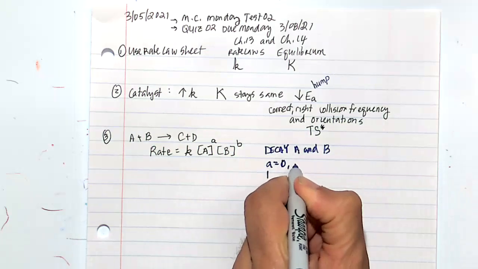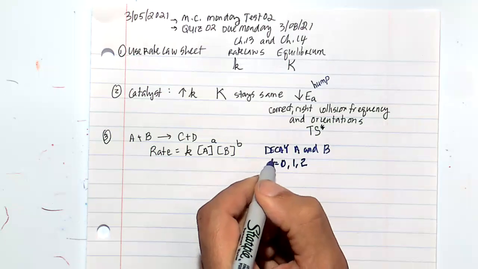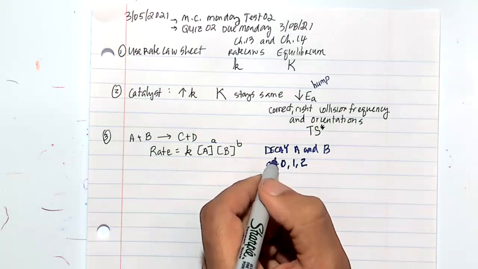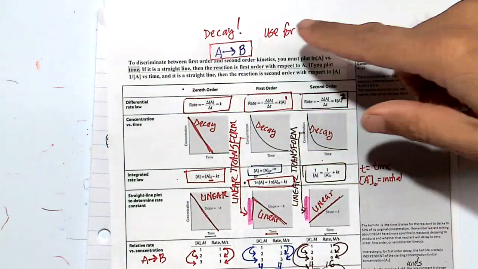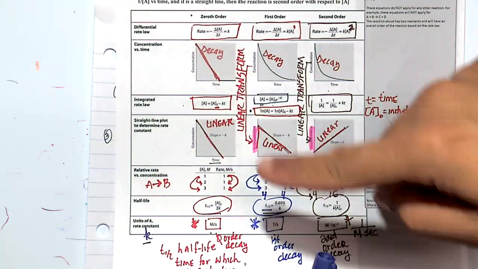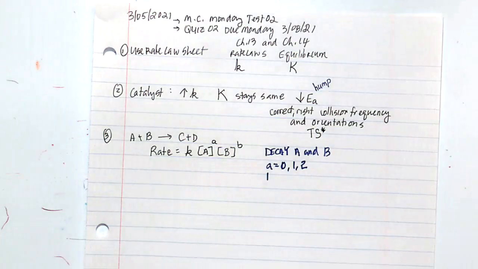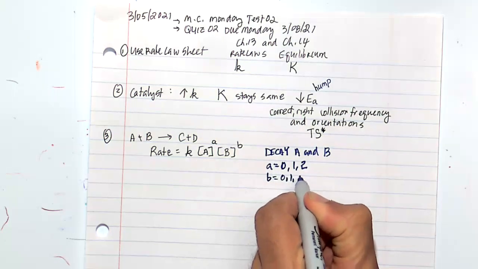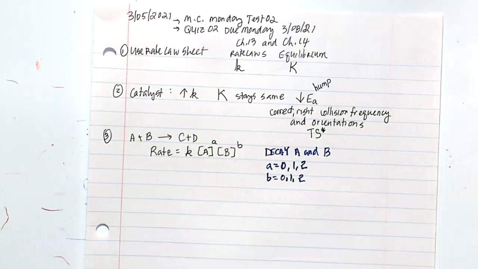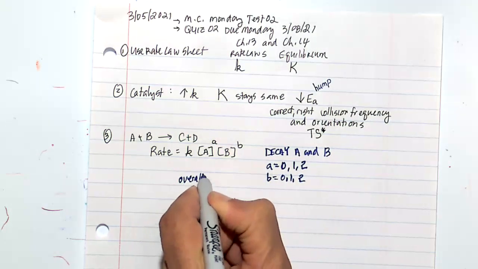A can decay with zero order kinetics, first order kinetics, or second order kinetics. All of the associated equations and graphs for zero, first, and second order are shown here. Same thing with B. B can decay with zero order, first order, or second order kinetics. And the overall order of the reaction is going to be a plus b.